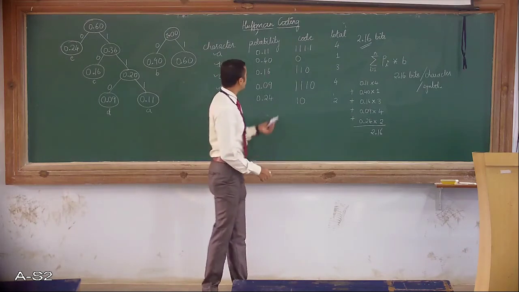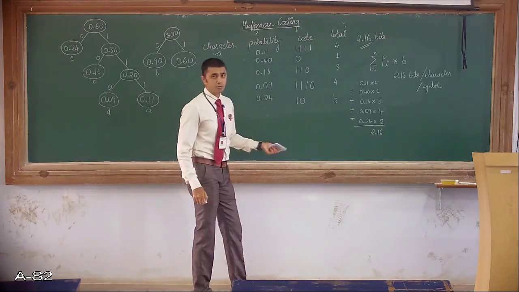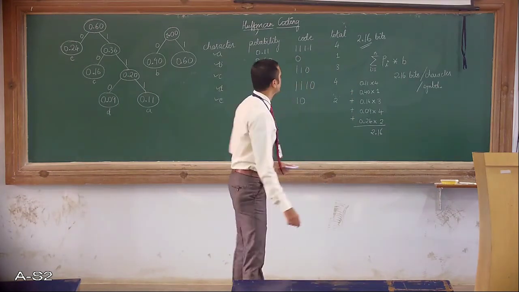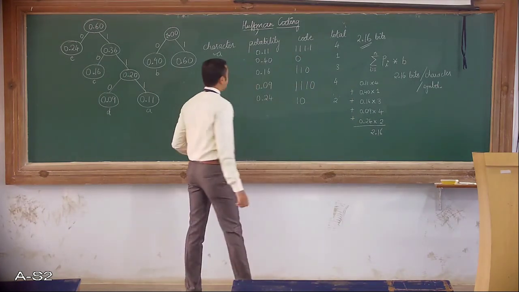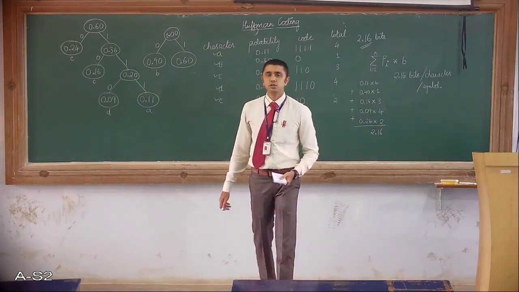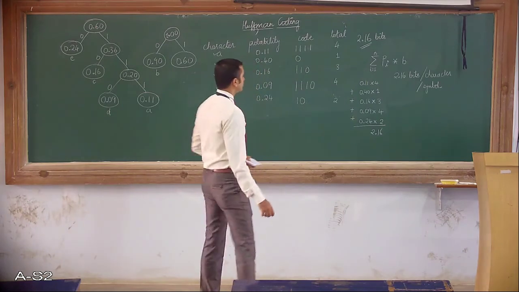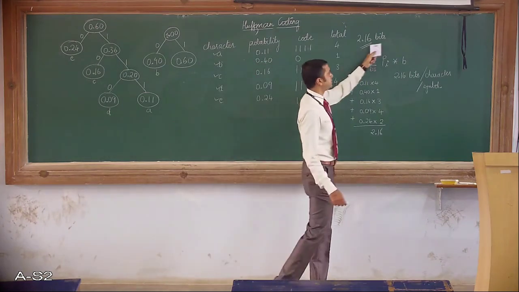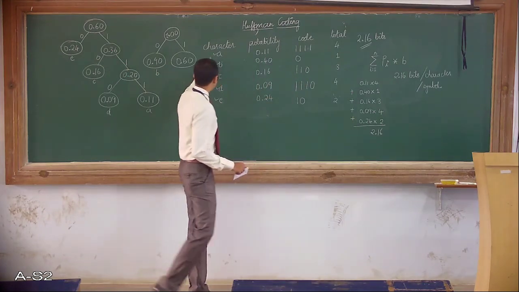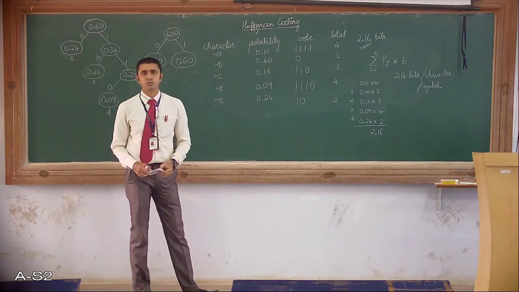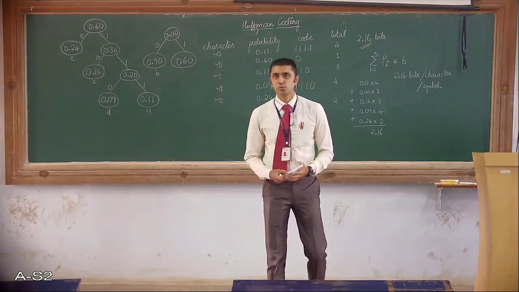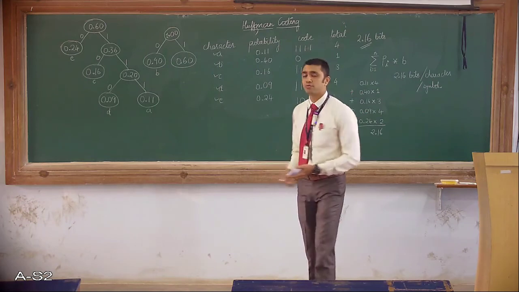If this was standard 8-bit compression, probably we would have got a bigger value, right? So this is a minimization problem. I am compressing the size of the data which is being sent. So 2.16 bits per character on average is required to send these characters over a network.